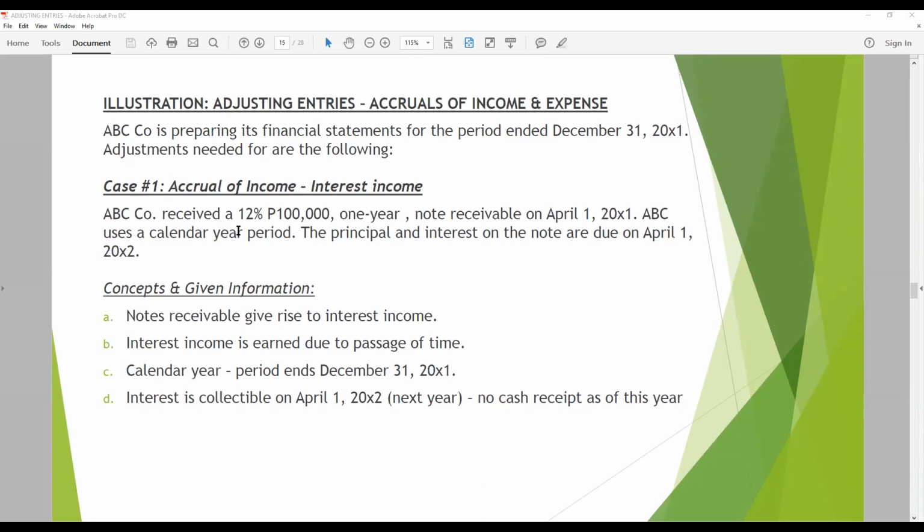ABC uses a calendar year period. The principal and interest on the note are due on April 1 next year. Okay? So, ano kaya yung adjusting entry natin? Sinong makaka-solve? Try nyo nga i-solve.